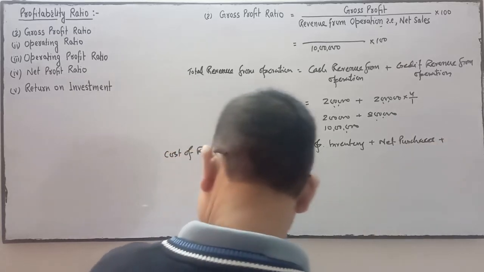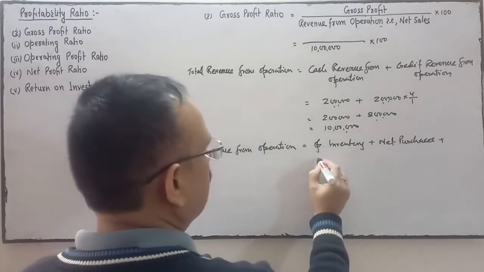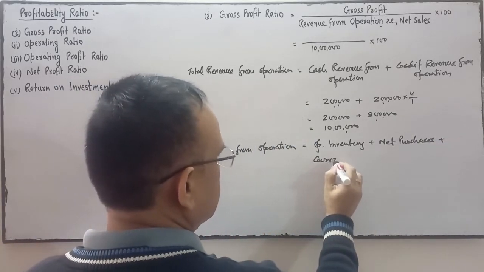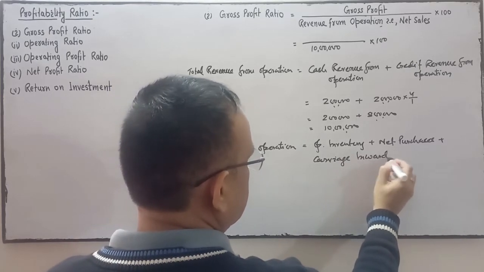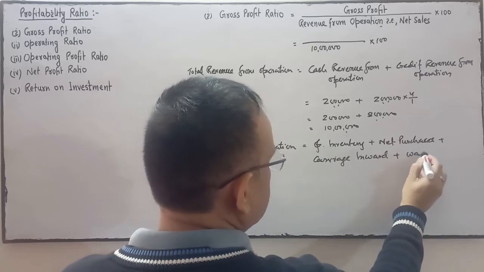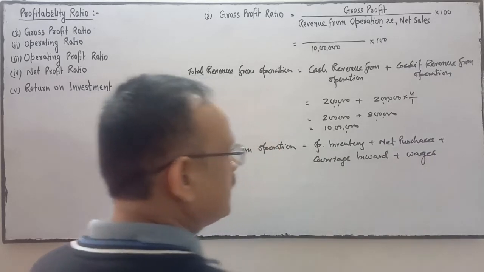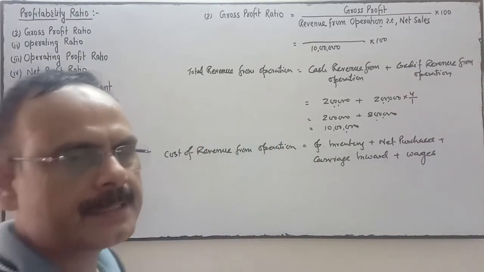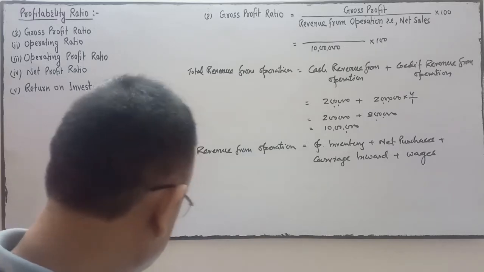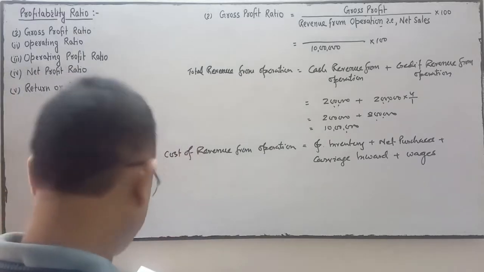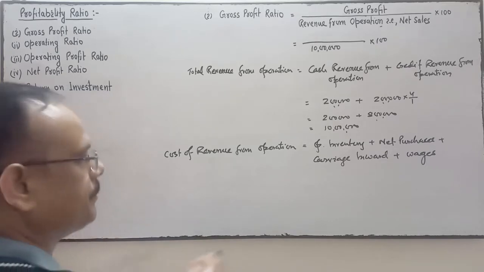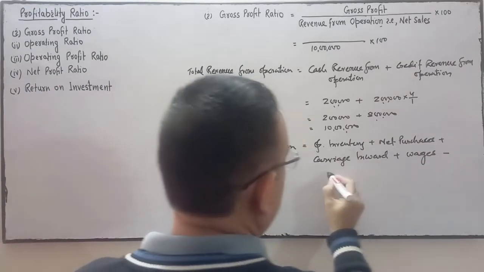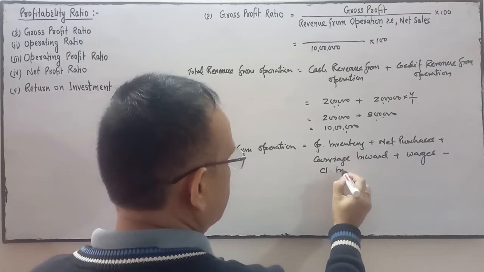In direct expense, carriage inward is given as a direct expense, plus another direct expense is the wages, which is given. Salary is not a direct expense, salary is an indirect expense. So wages, carriage inward, minus closing inventory.